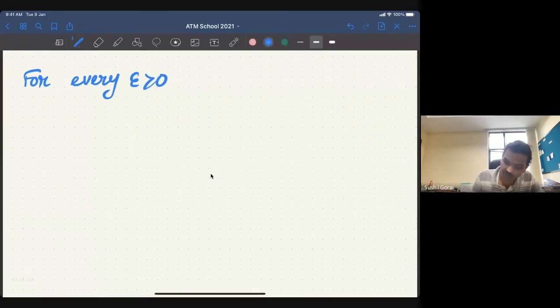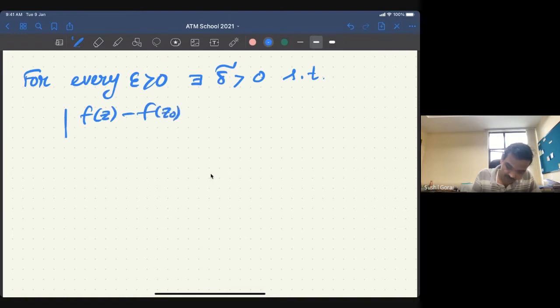So for every epsilon greater than 0, there exists, let's say, delta tilde, we can take delta tilde smaller than delta, such that mod of fz minus fz naught by z minus z naught minus f prime z naught is less than epsilon.